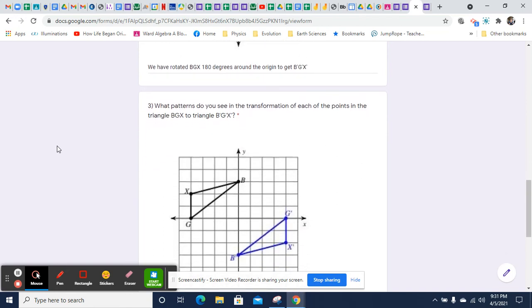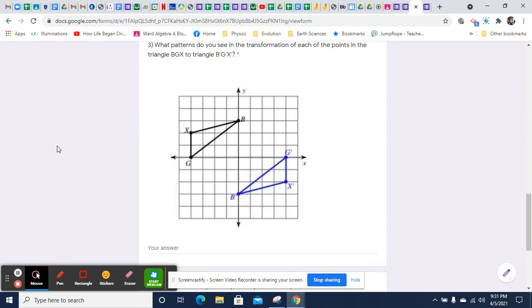And so let's take a look at that same one. We're going to look for a pattern we might see in the transformation. Now, a good way to think about that is to label the points. This point here, right here, X, is negative 4, 2.